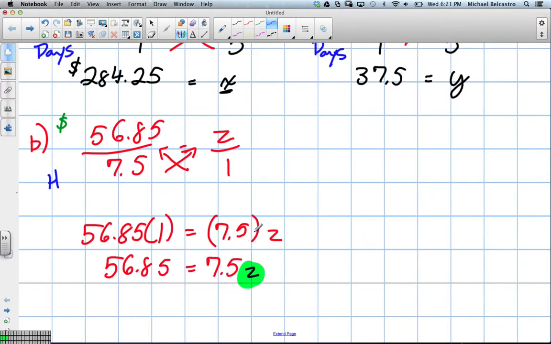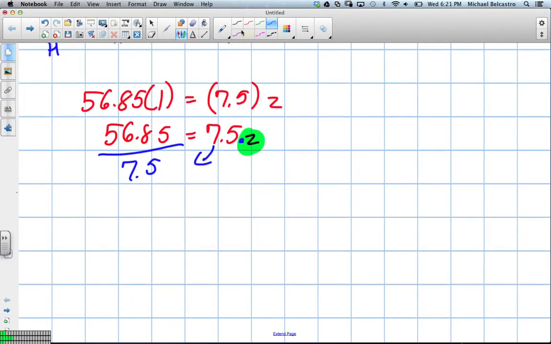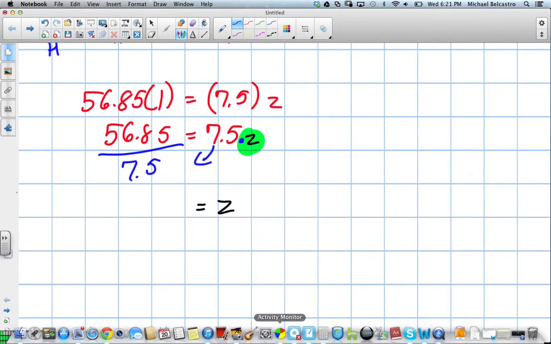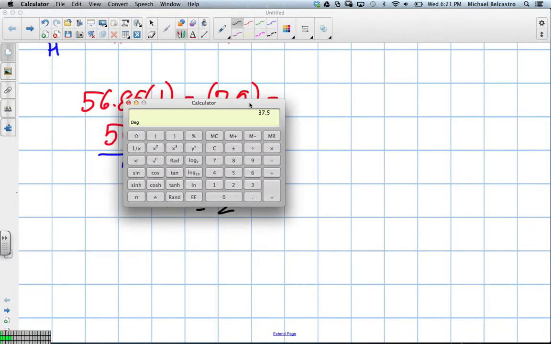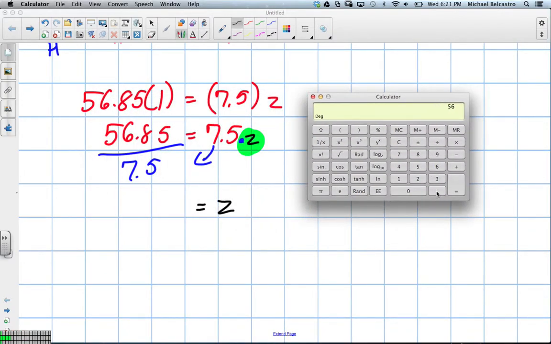What operation is between 7.5 and Z? Multiply. That's right. So if it's multiplied, how do I move it to the other side? You would have to divide. That's right. We're going to have to divide on the other side by 7.5. So now this is going to read Z is equal to, and we have to calculate this. 56.85 divided by 7.5.